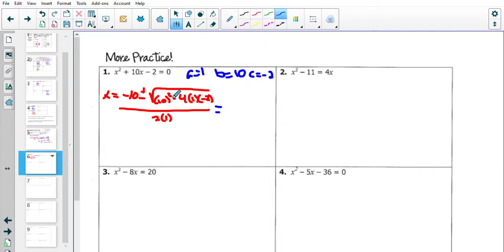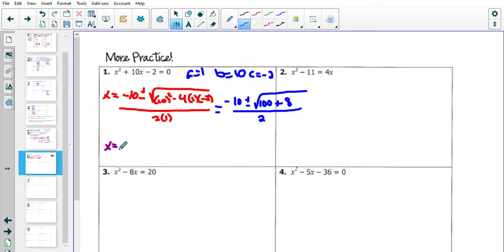So let's simplify. I have the -10. I have the plus and minus. Square root. 10 squared gives me 100. -4 times 1 times -2 is +8. Divided by 2. The 100 plus 8 gives us 108.